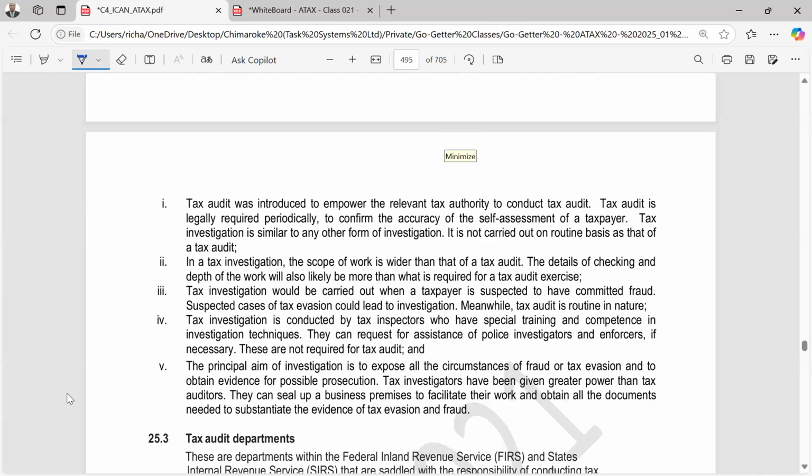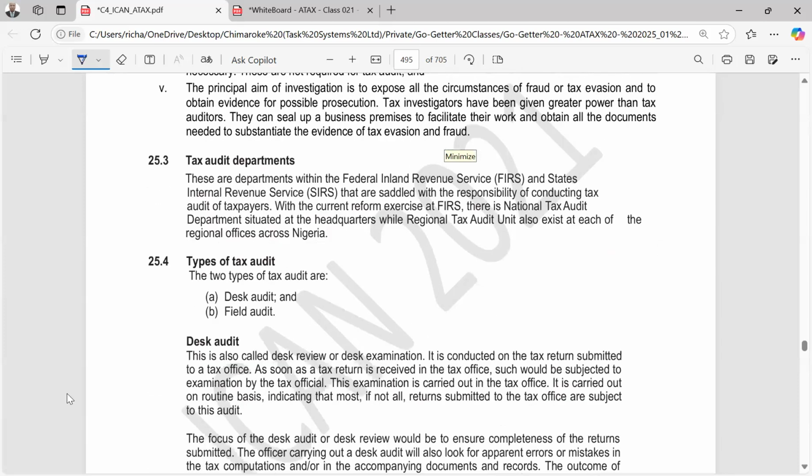And so the principal aim of investigation is to obtain evidence of fraud and tax evasion that will lead to prosecution of the criminal. Whereas tax audits is just, as the purpose of it is stated, to check whether the tax laws have been followed when determining your tax.